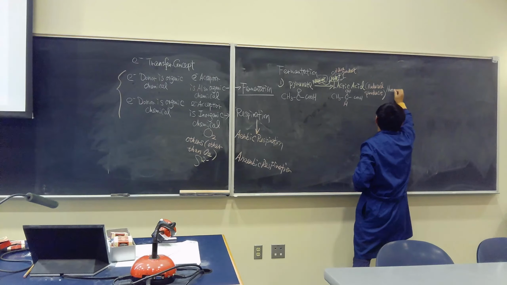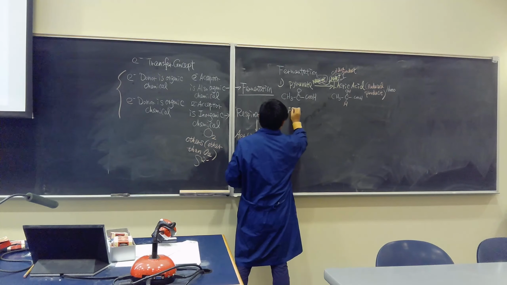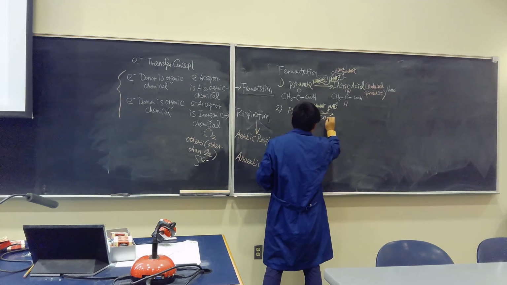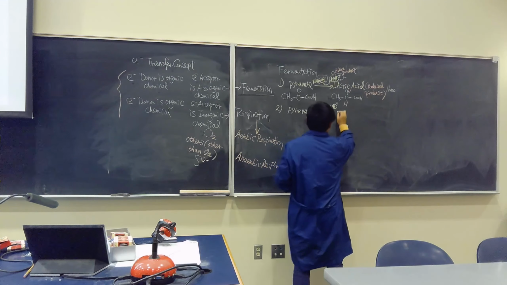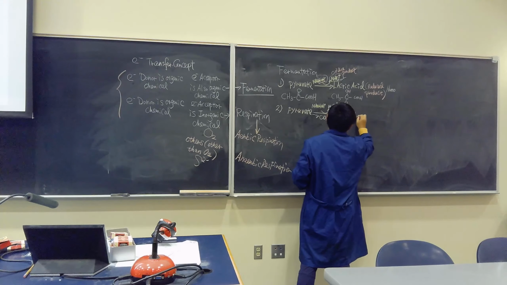Now, lots of you like beer, wine, all those things. So what happened? Again, pyruvate. Pyruvate will go through a process, NADH reduce to NAD, and carbon dioxide is released, then become acetaldehyde.